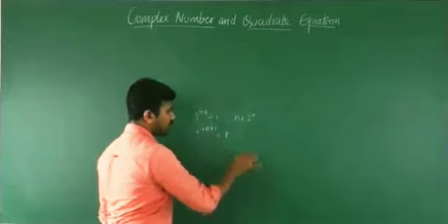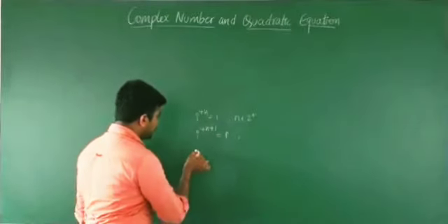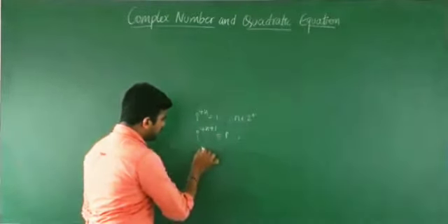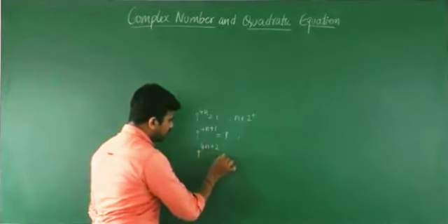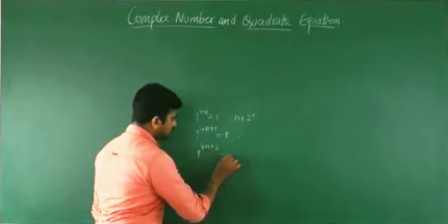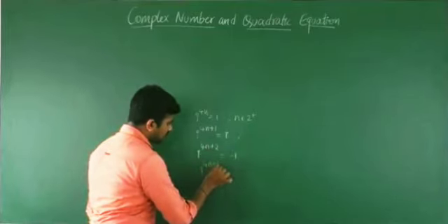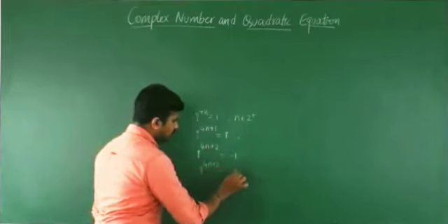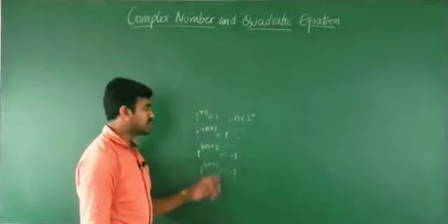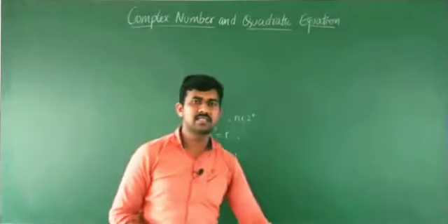Next, i to the power 4n plus 2 is equal to i square, that is minus 1. i to the power 4n plus 3 is equal to i cube, that is equal to minus i. Those we saw in our last class.